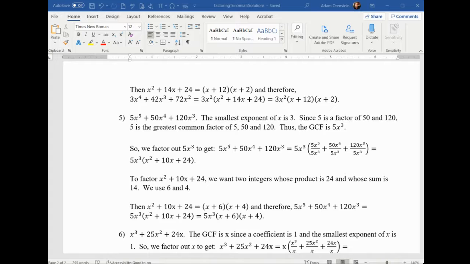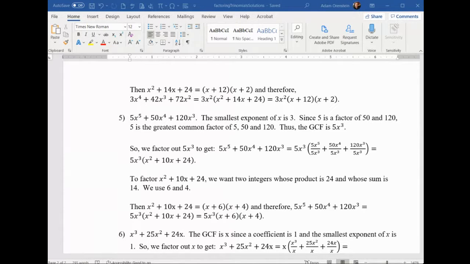Since 5 is a factor of 50 and 120, that tells you 5 is the greatest common factor of the coefficients. I hope that makes sense to everyone. I didn't list the factors out, but you would see 5 is the greatest common factor of the coefficients. So basically 5x cubed is the GCF.